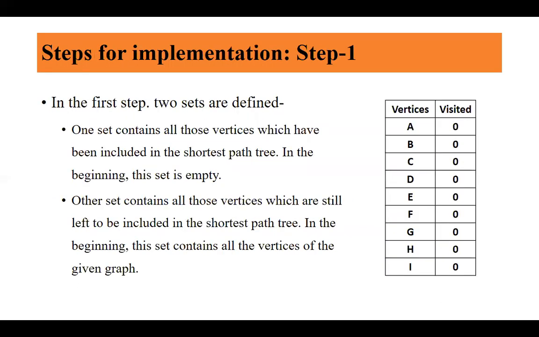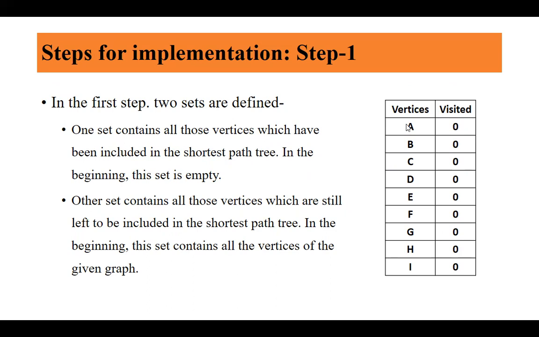Now, what are the steps for implementation? Step one defines two sets. The one set contains all those vertices which have been included in the shortest path tree; in the beginning this set is empty. For the shortest path tree, we just call them visited here, and right now all are zero, so not a single vertex is included in the shortest path tree.